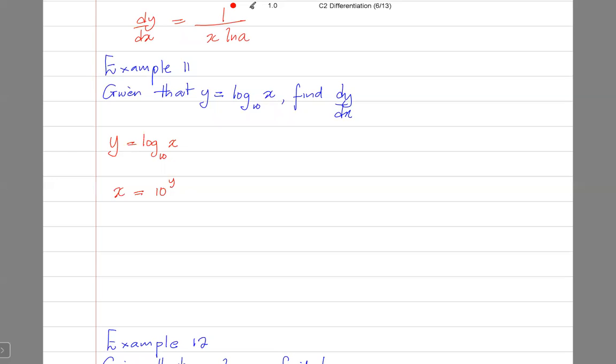Then if I take ln of both sides, I'm going to get ln x is equal to y ln 10. Differentiate both sides with respect to x. I'm going to get 1 over x is equal to dy by dx ln 10. And so therefore, dy by dx is equal to 1 over x ln 10.